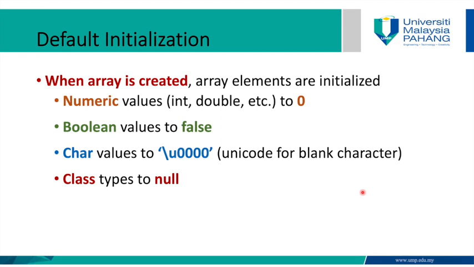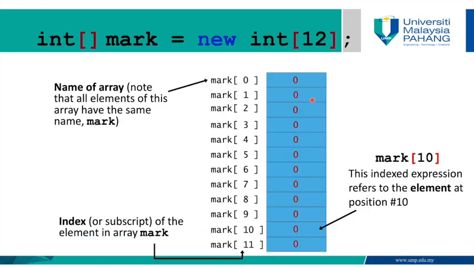So default initialization is when you create an array, it will automatically assign you an initialized value. If you are using numeric data types such as integer, double, etc., the values of the array will begin with 0, like this one.